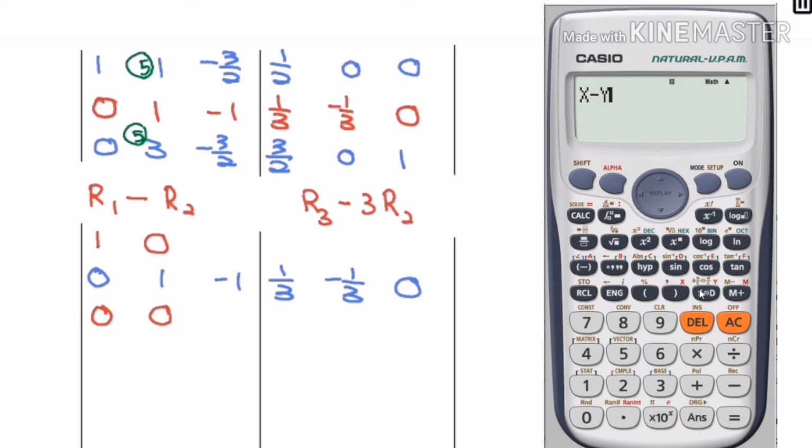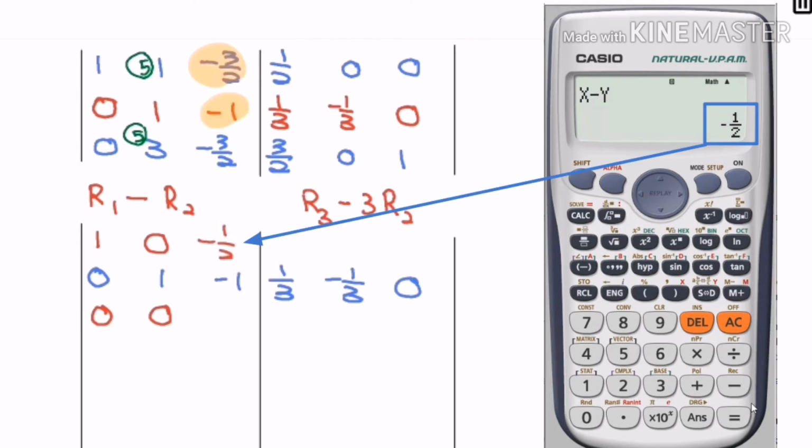So now we proceed with this one. Our R1 is negative 1.5. Okay, so our R2 is negative 1. So you have your value negative 1 over 2. And then repeat the same thing.